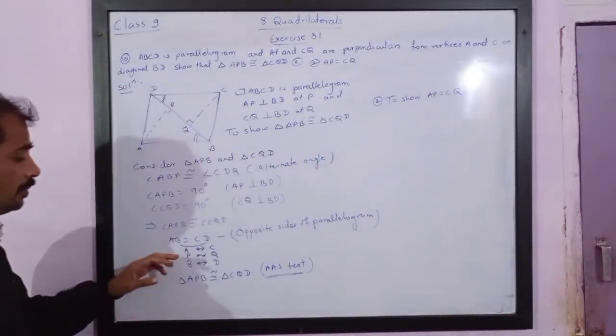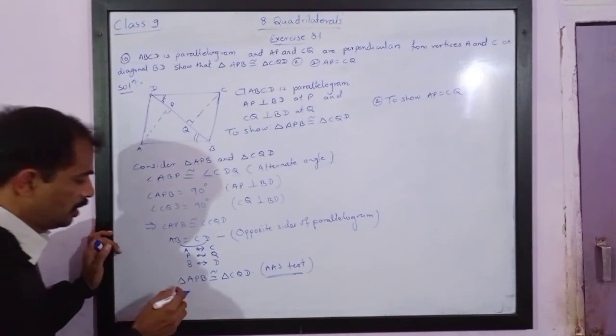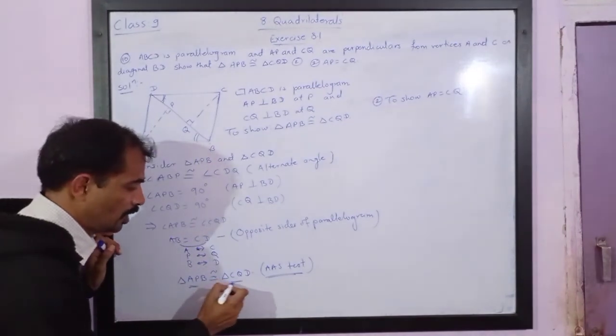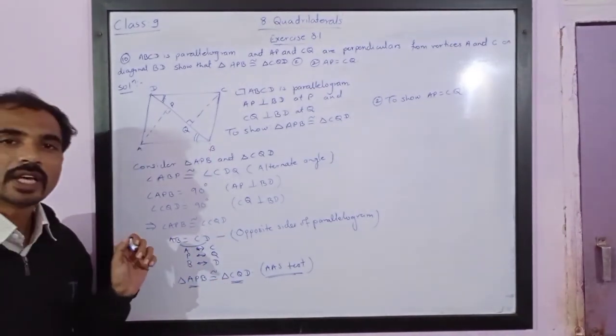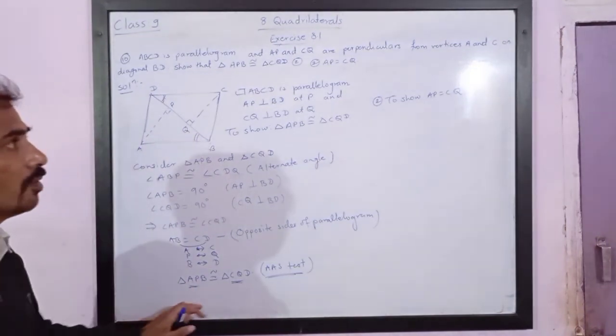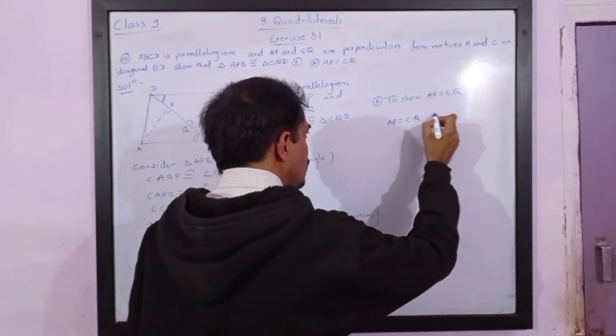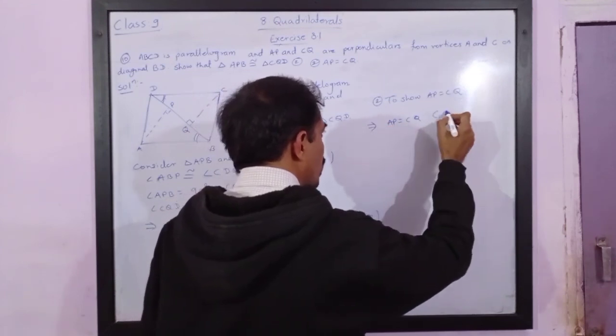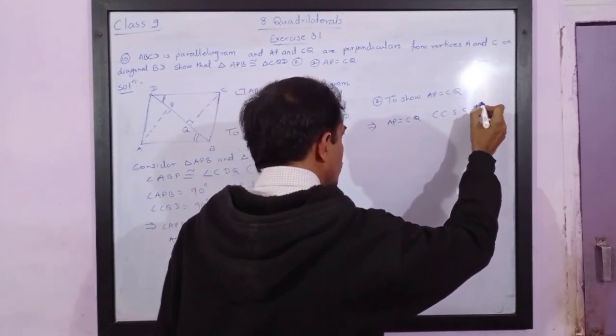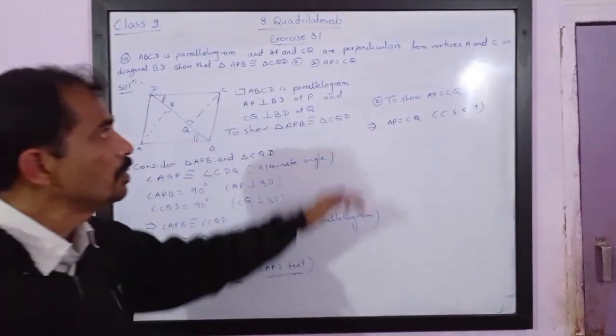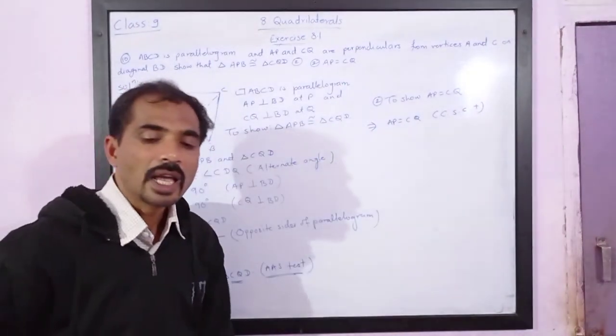So the side formed by the first two vertices must be equal to the side formed by the first two vertices of the other triangle. So we will get AP equals CQ. Reason is corresponding sides of congruent triangles. Thus, we have proved the second result as well.